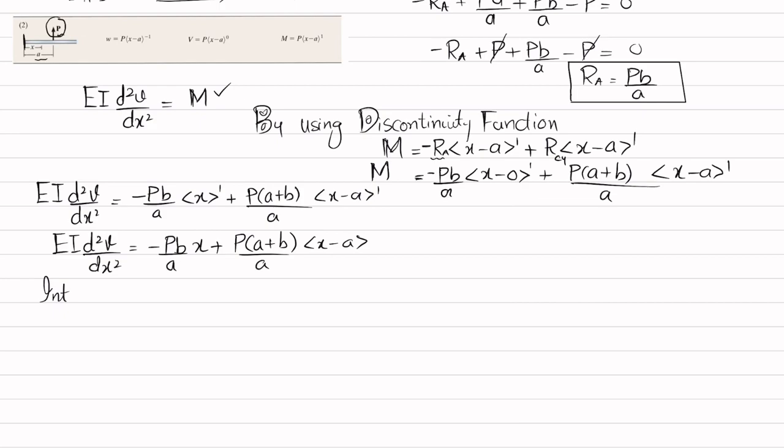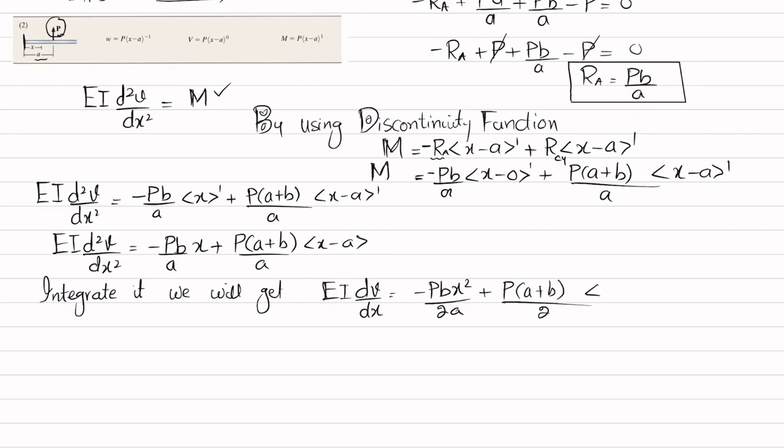Now integrate it. We will get EI into dv over dx is equal to minus Pb x squared over 2a, plus P into (a plus b) over a into (x minus a) power 2 divided by 2, so that is 2a, and there will be a constant of integration C1. So this is your equation number 1.